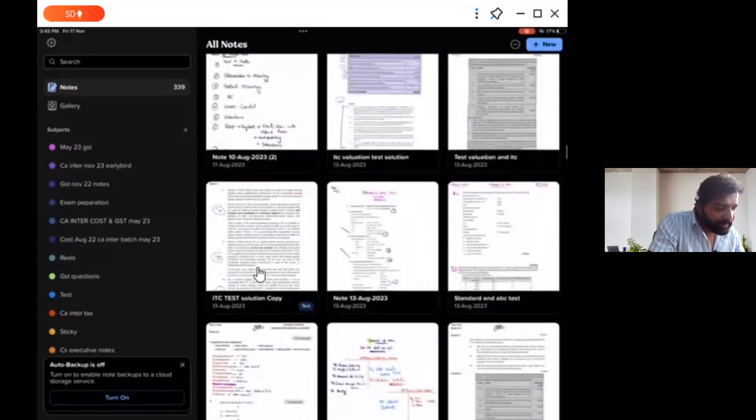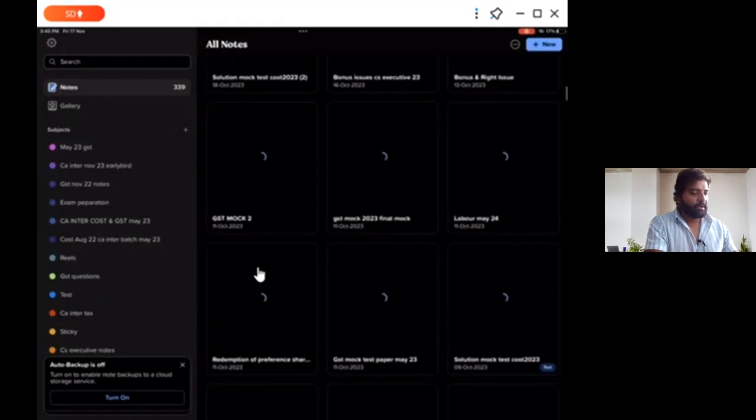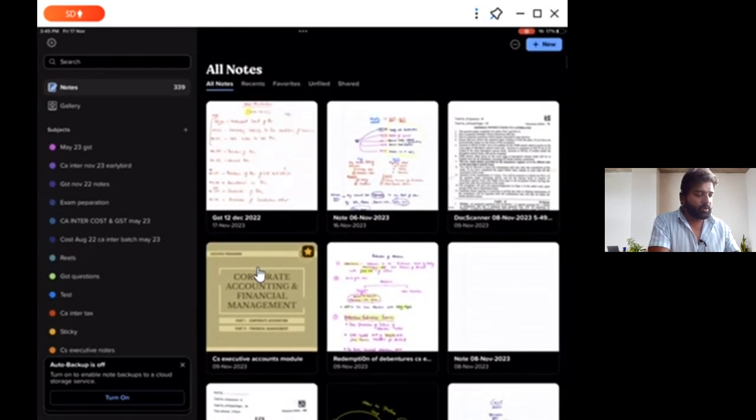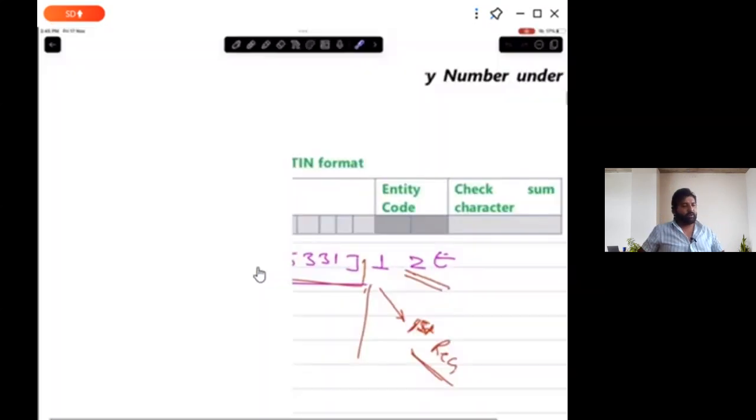Okay, I'm not able to find the chart. Okay, no problem. I'll cover that in our notes as well. So we have these written in our notes as well.